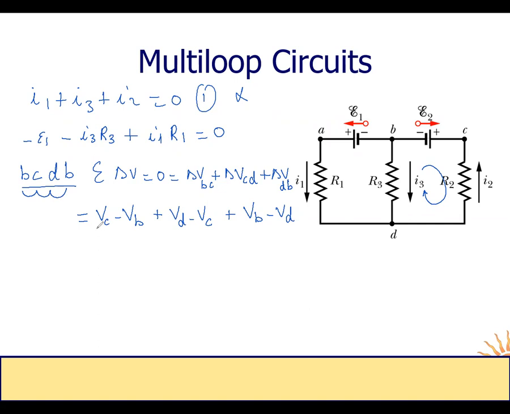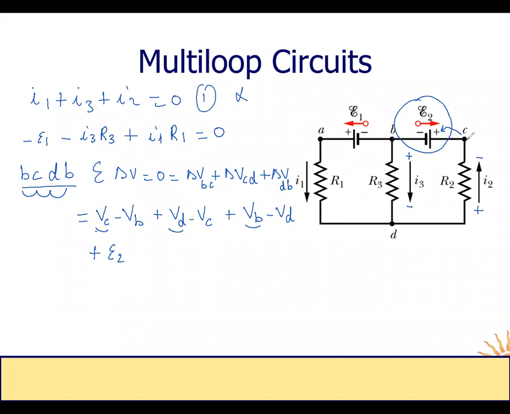As I said before, we look at the first one, the sign of this voltage. We look at the direction of the current. This one will go from plus to minus, and this one from plus to minus. Here delta V BC: C is at the positive sign, so we have plus E2.